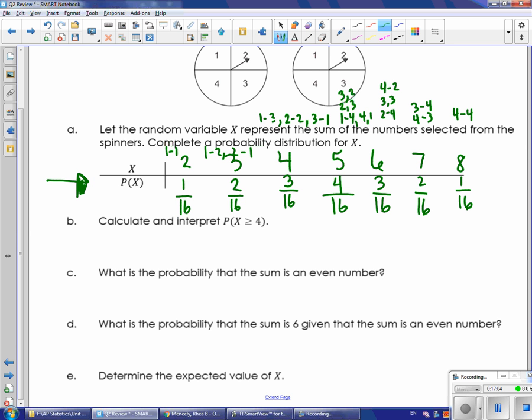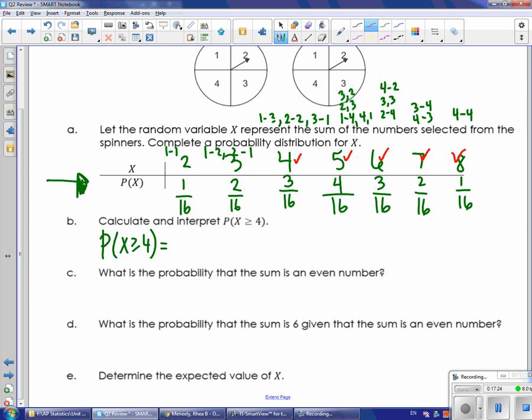And so if I want to determine the probability that x is greater than or equal to 4, I'm taking the probability that x equals, in fact, let me go ahead and just put a check mark on top of all of the different outcomes it could be. It could be a 4, a 5, a 6, a 7, or an 8. So I need to add up all those probabilities.